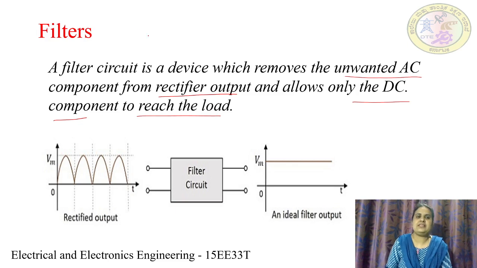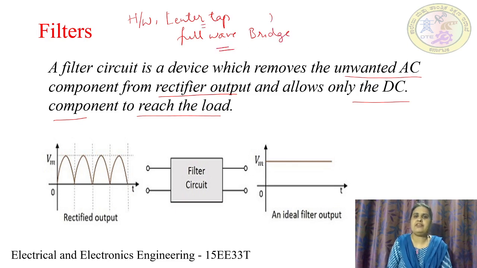As we already discussed, whether you talk of a half wave rectifier, or a center tap full wave rectifier, or a full wave bridge rectifier, in any of these rectifiers we have the ripple factor.